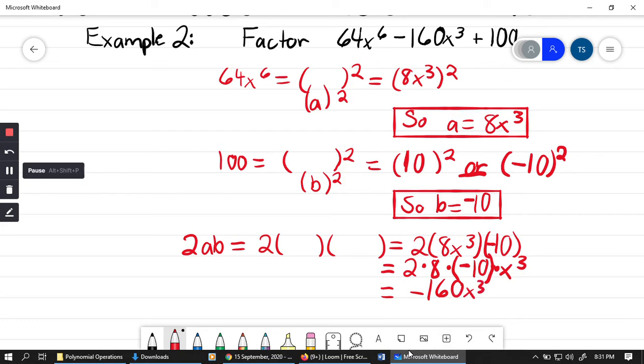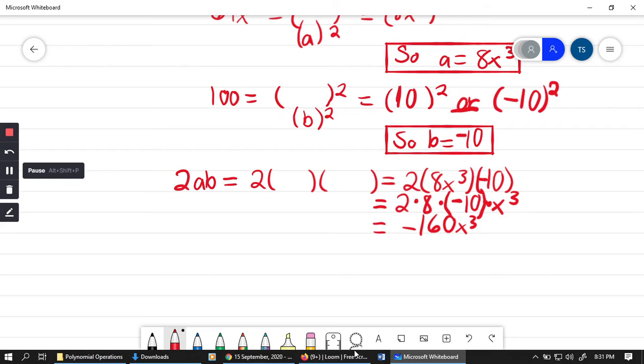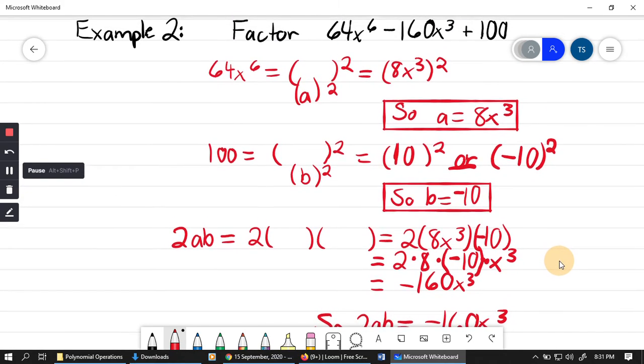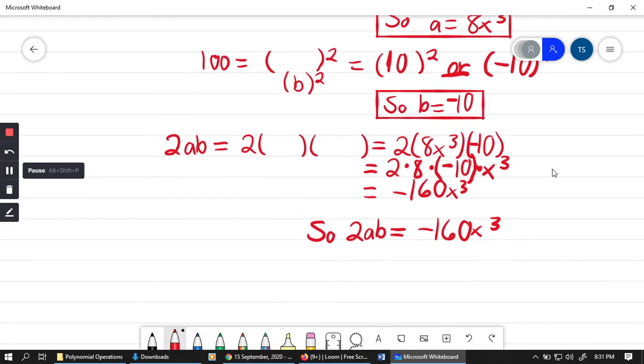Alright, and so our middle term is negative 160x to the third, and that's what we want it to be. Okay, so 2ab is equivalent to our negative 160x to the third. So this is in the right form. It is definitely in the right form. It's in that perfect square trinomial form.